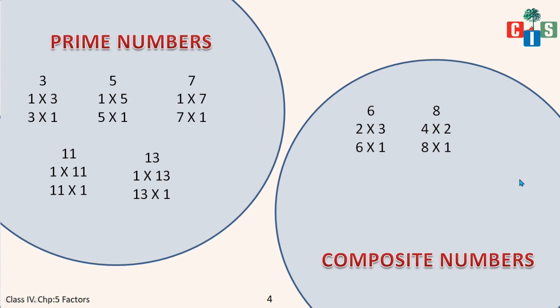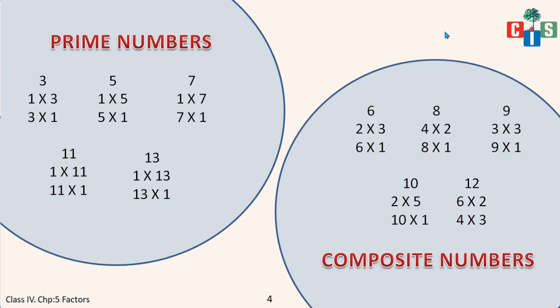So we have another example, that is 9. 9 can be written as 3 multiplied by 3 and 9 multiplied by 1. Then 10: 2 multiplied by 5 is 10 and 10 multiplied by 1 is also 10. So 10 has many factors, that is 1, 2, 5 and 10. So this is a composite number. And 12: 6, 2, 4 and 3 are factors of 12. उसके तो चार factors हैं. So this is also a composite number.